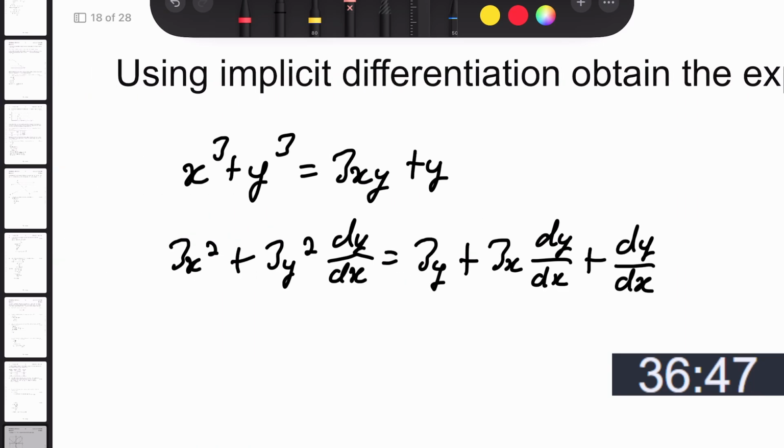So let's move everything to the right, or the dy's to the right.